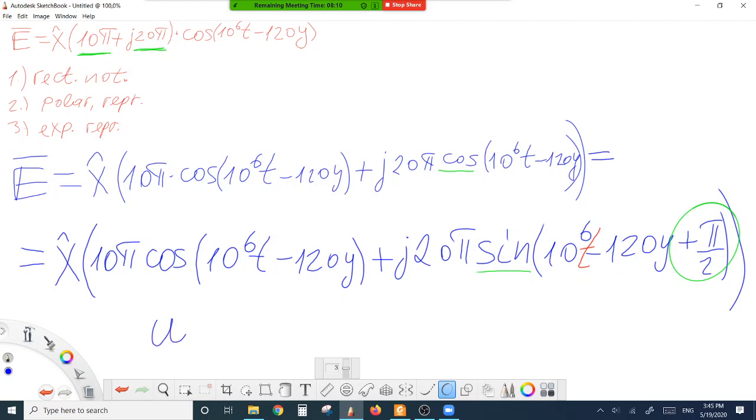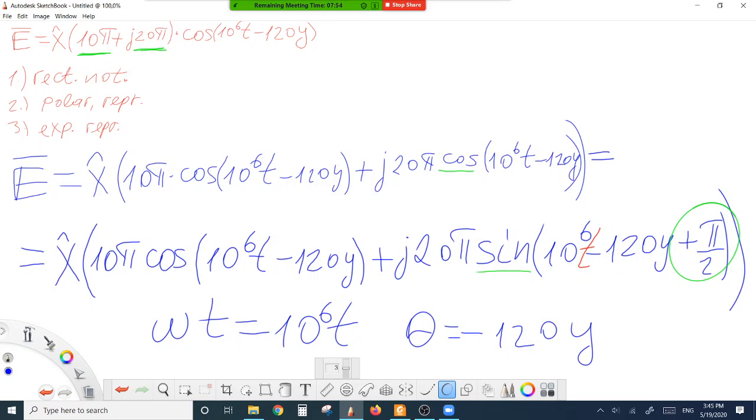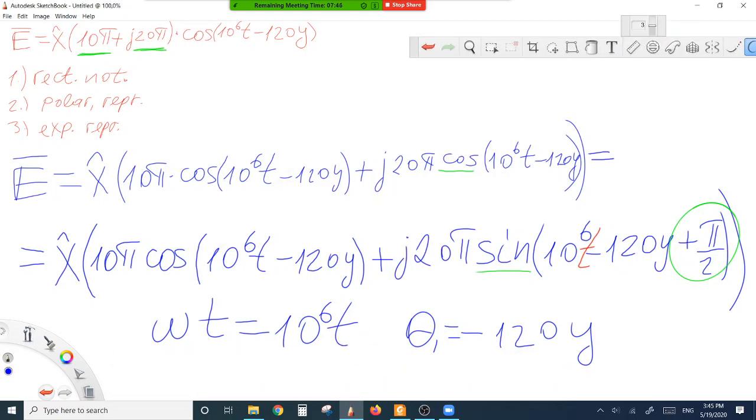We may see that omega t in our case is 10^6 t, and theta 1 is minus 120y, and theta 2 is minus 120y plus π/2.